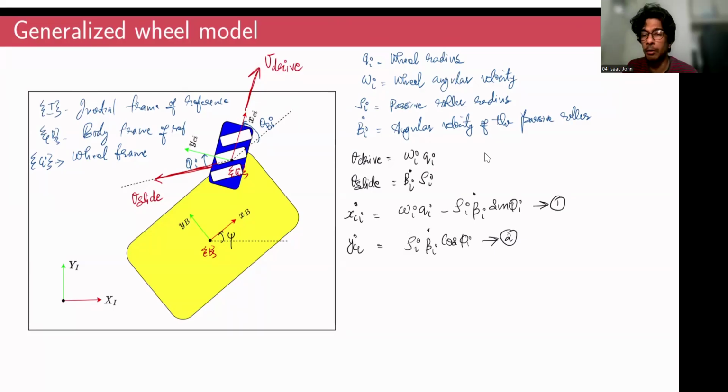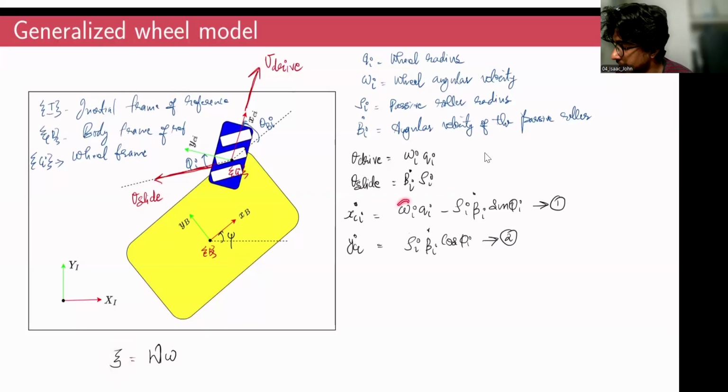In our modeling, we really don't care about this rho I beta I dot because it's not an important factor. Our objective is to find this relation, zeta as a transformation matrix multiplied by omega. So far zeta is defined with respect to XB and YB, but we have just begun.